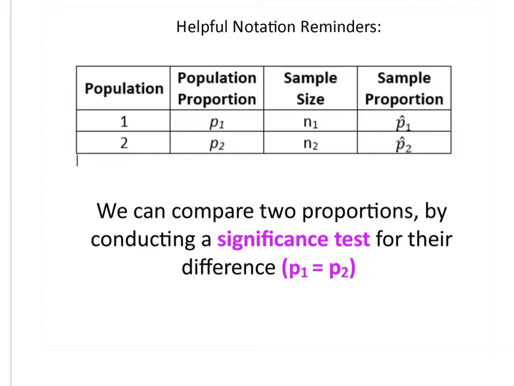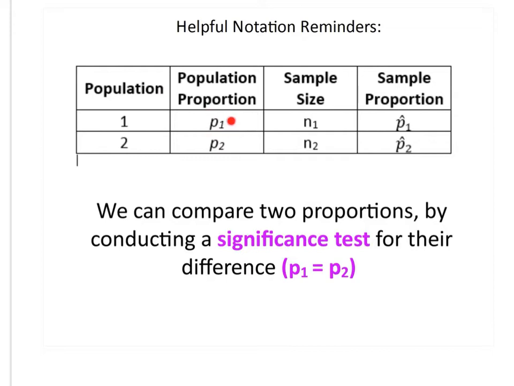Just to review, you've already written this down in the first video, so you don't have to write it down again. I'm just going to recap what we talked about. We have two different populations, population 1 and 2. Each population has a certain proportion or percent of people or things that meet a characteristic of interest.